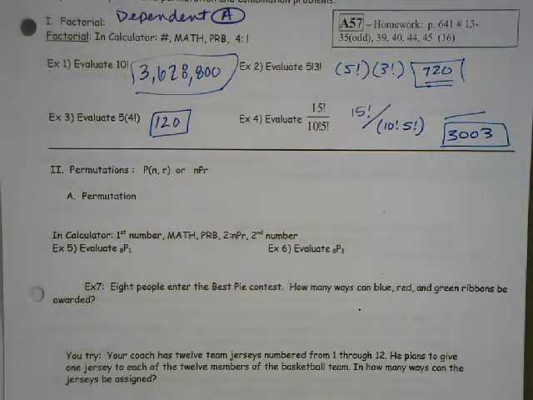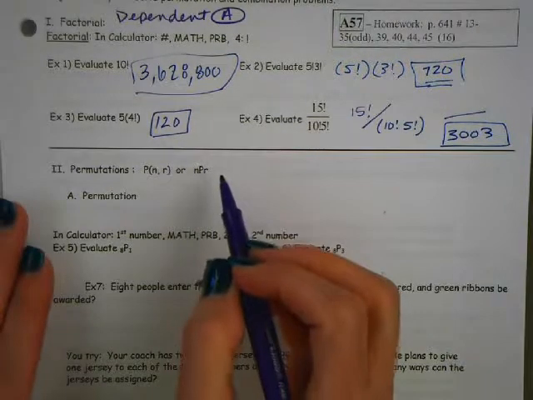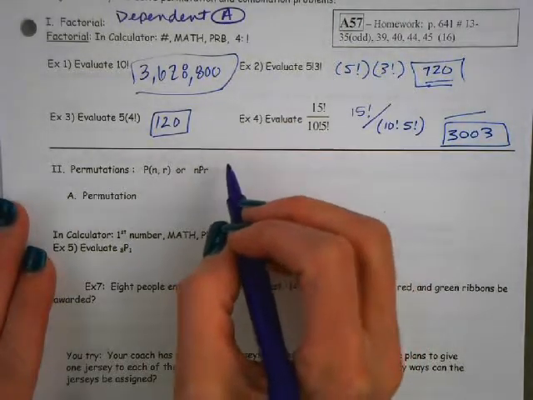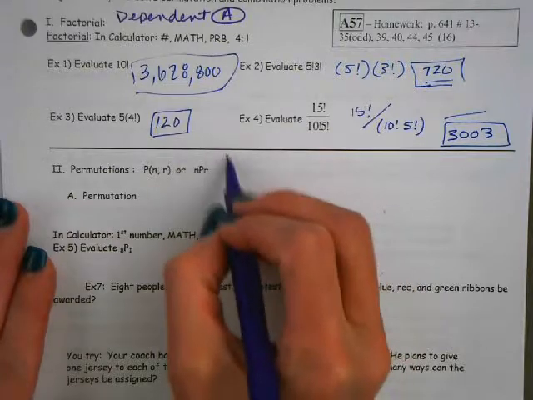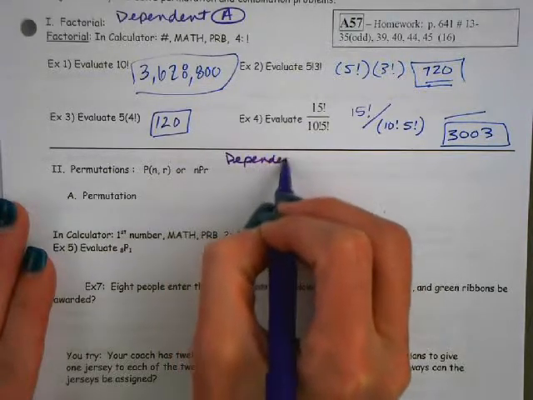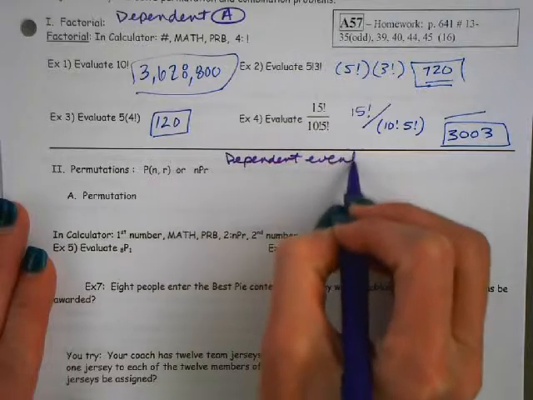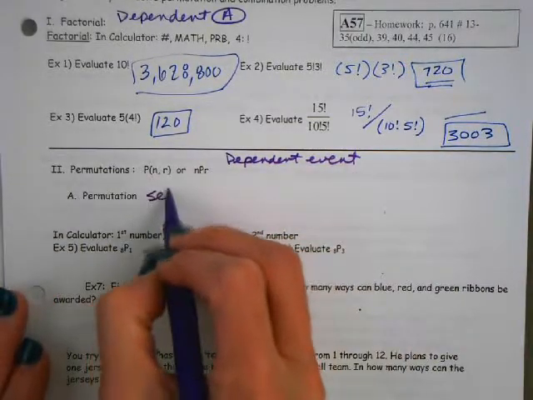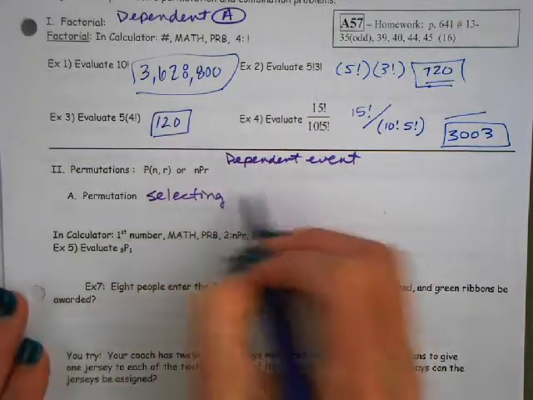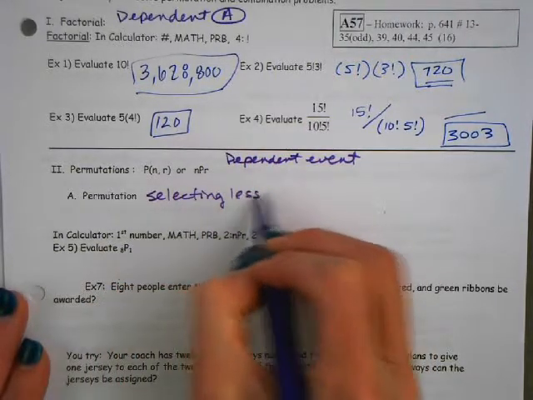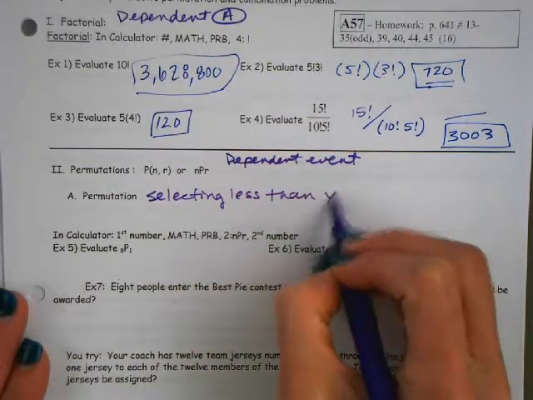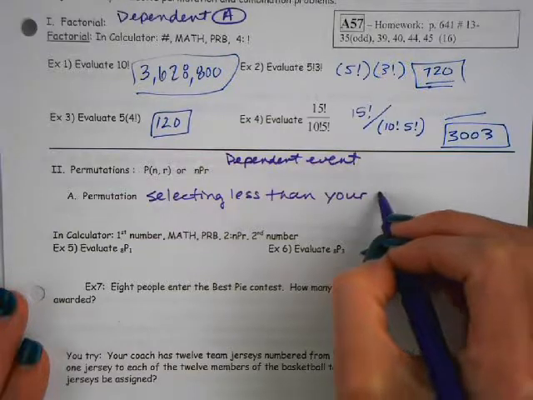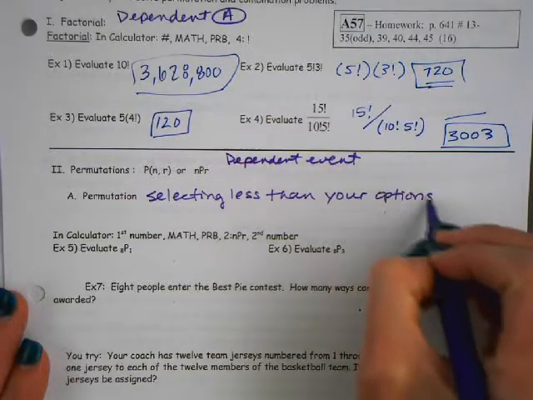it breaks down as follows. A permutation, again, is where you have a dependent event, okay, and it's where you are selecting less than your options, okay?